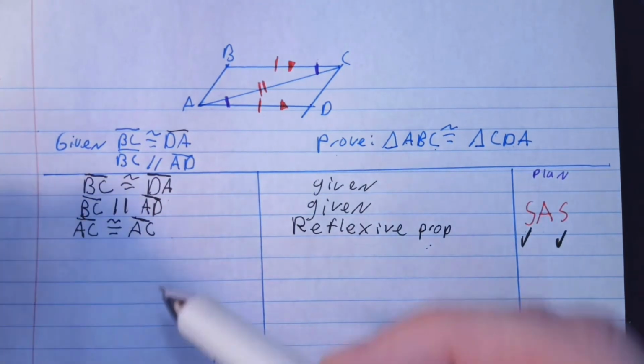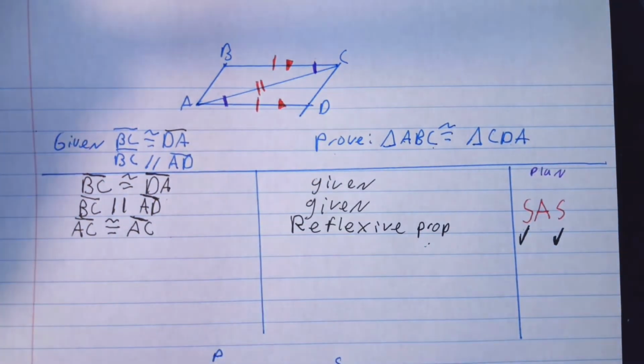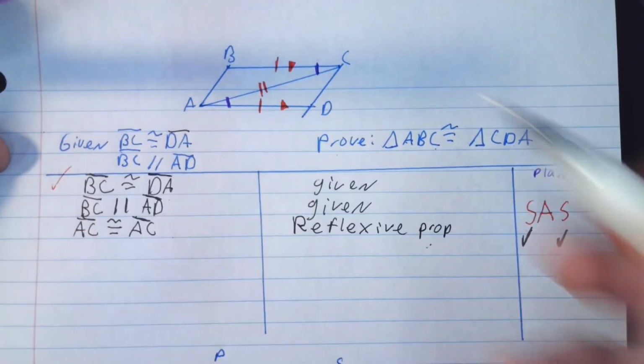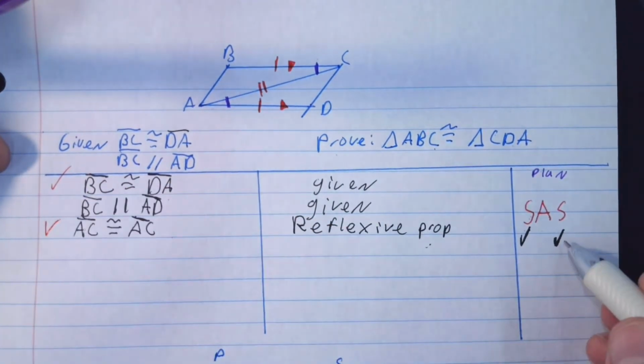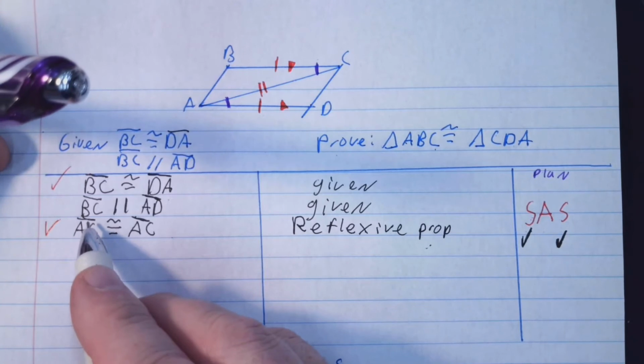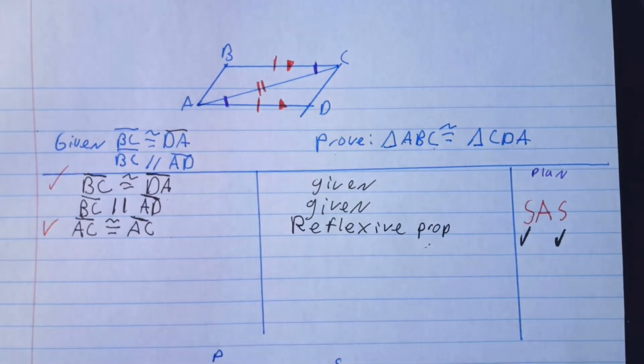So now I'm going to look at my given. Okay? I used this one already to get this side. This one got this side. I bet you that they gave me this parallel line thing to help me come up with the angle.